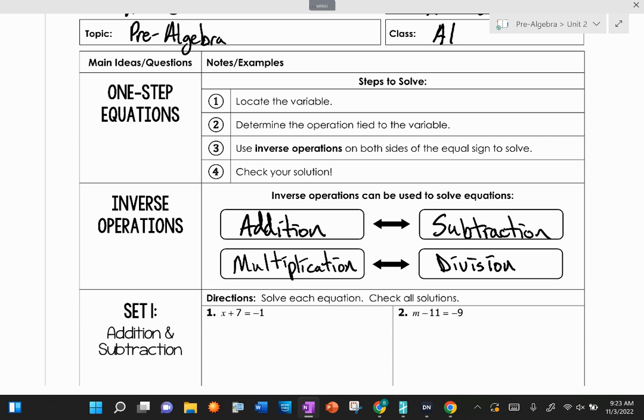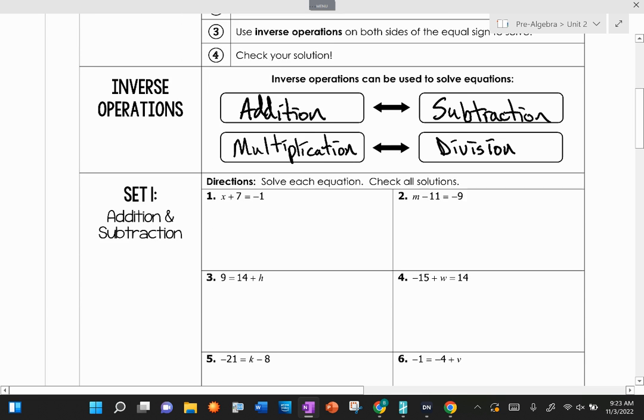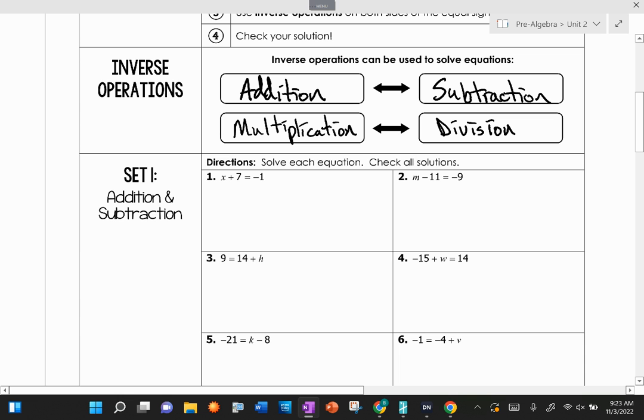So this is where you start to build good habits. I only say this because we have done many problems in Algebra 1 and geometry on solving equations, because this is stuff that they've been through before.